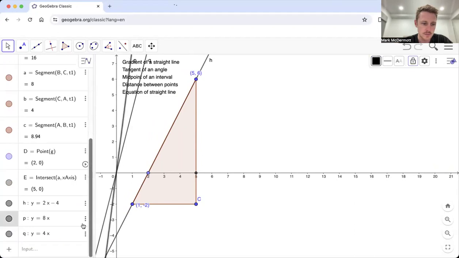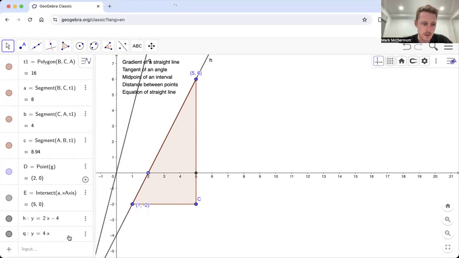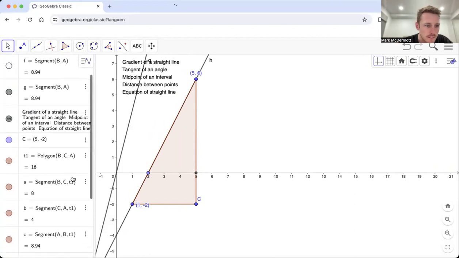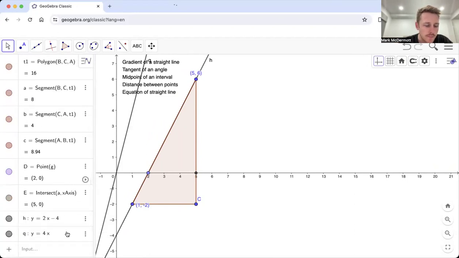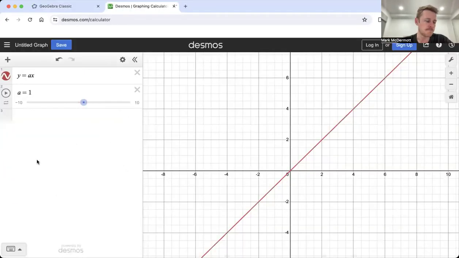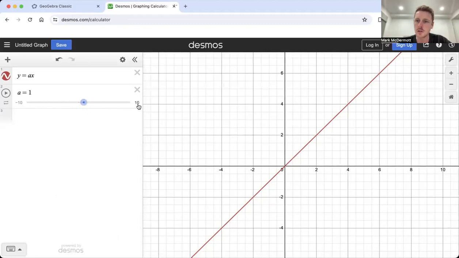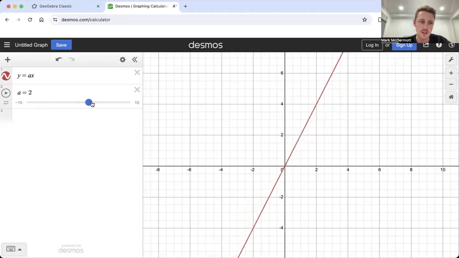Let's move over to Desmos. It's a bit easier for this type of stuff. So the one thing we didn't talk about is the gradient of special lines. This is the line y equals ax, and if a is 1, this is just the line y equals x. If I make a larger, I'm going to get 2, 3, 4, 5. It gets steeper and steeper.